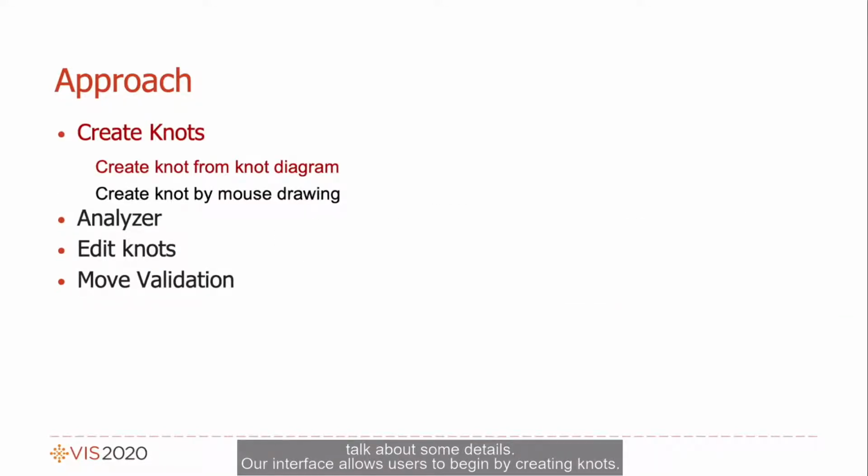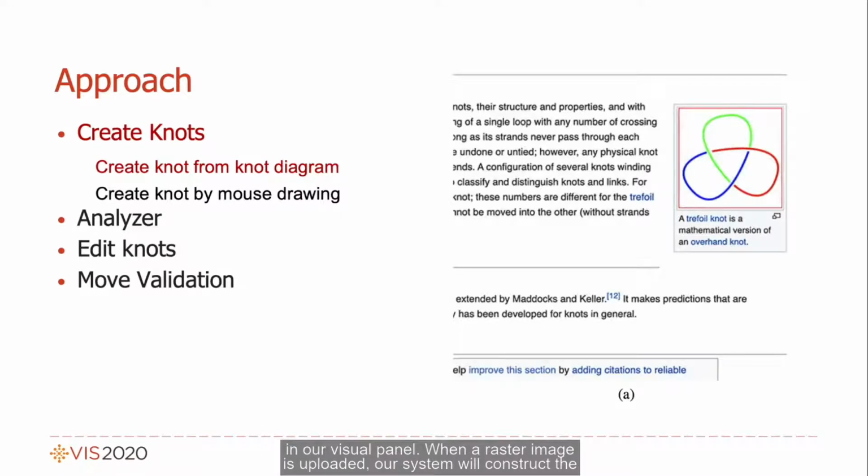Our interface allows users to begin by creating knots. They can create knots by uploading a raster image or constructing a knot by sketching one in our view panel. When a raster image is uploaded, our system will construct the three-dimensional knot structure through image processing operations.